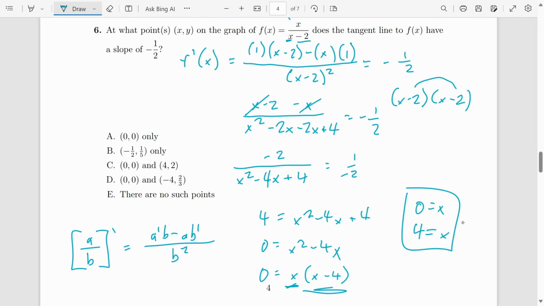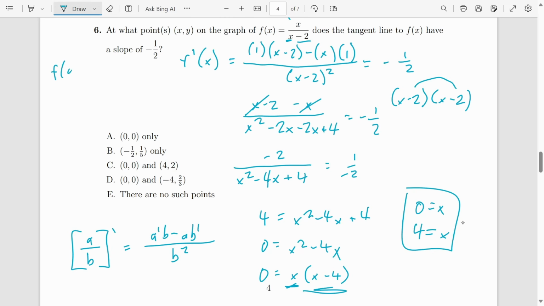Based on this, you can kind of detect that our answer is going to be a 0 and a 4. But let's go a little further. Let's find out those two y values. So we plug in 0 and 4 into f of x to see if we get 0 and 2. Let's double check our work.